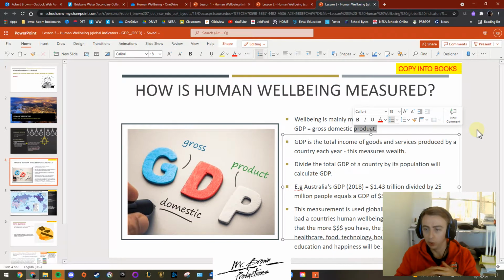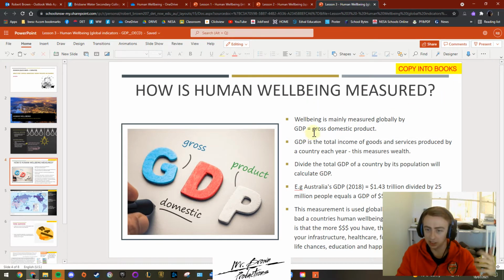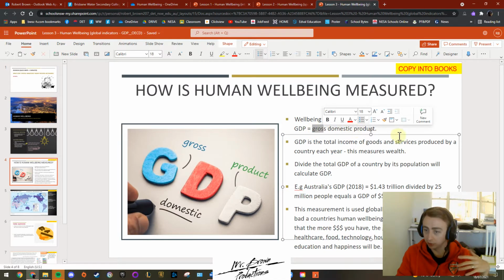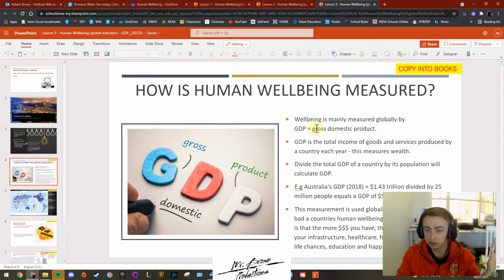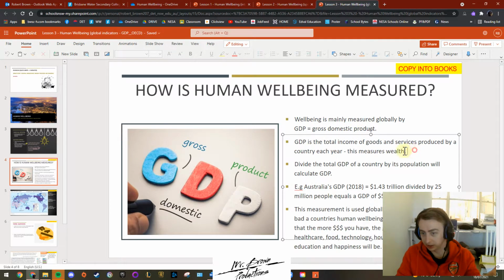So how wealthy a country is, essentially, is what we're looking at here. If we break all this down, gross domestic product is the total amount of goods and services produced by a country each year. That's pretty much the second dot point here, breaking that thought pattern down. So GDP is the total income of goods and services produced by a country each year.